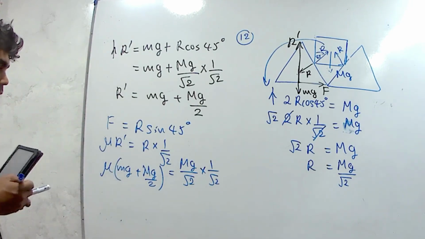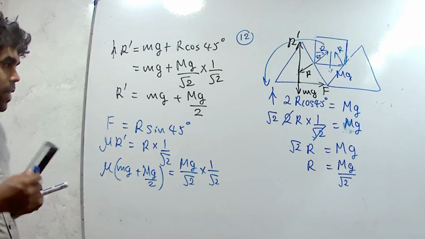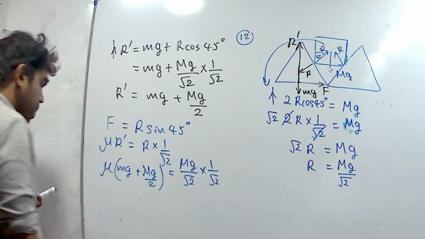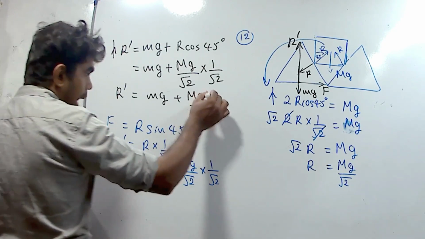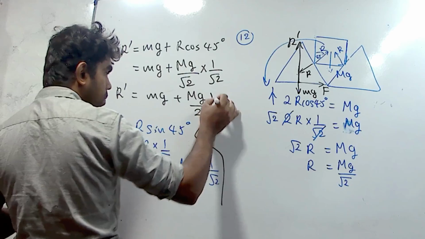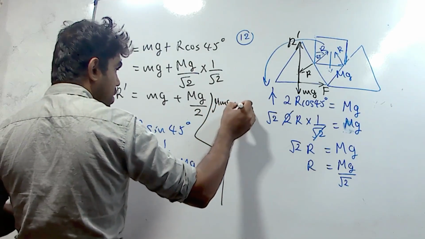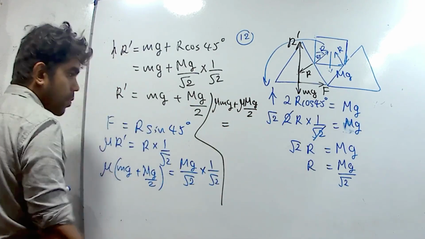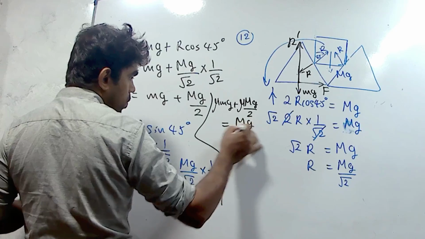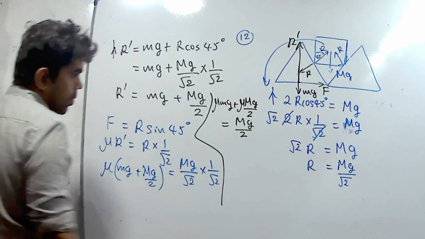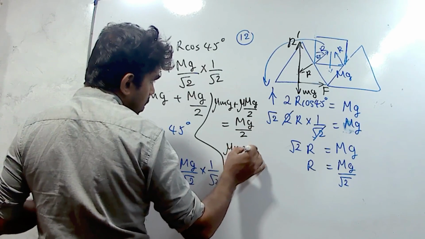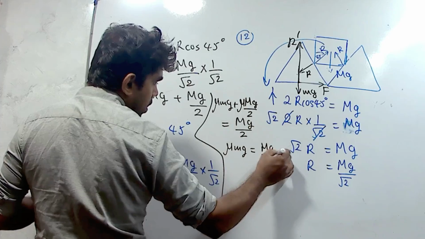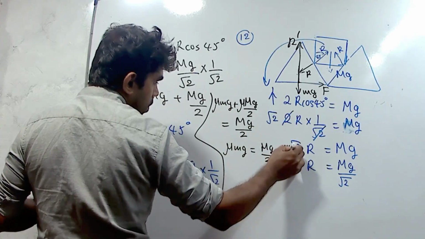Now we have to make capital M the subject by using this equation. We can get mu mg plus mu Mg over 2 should be equal to Mg over 2. Then mu mg equals Mg over 2 minus mu Mg over 2.